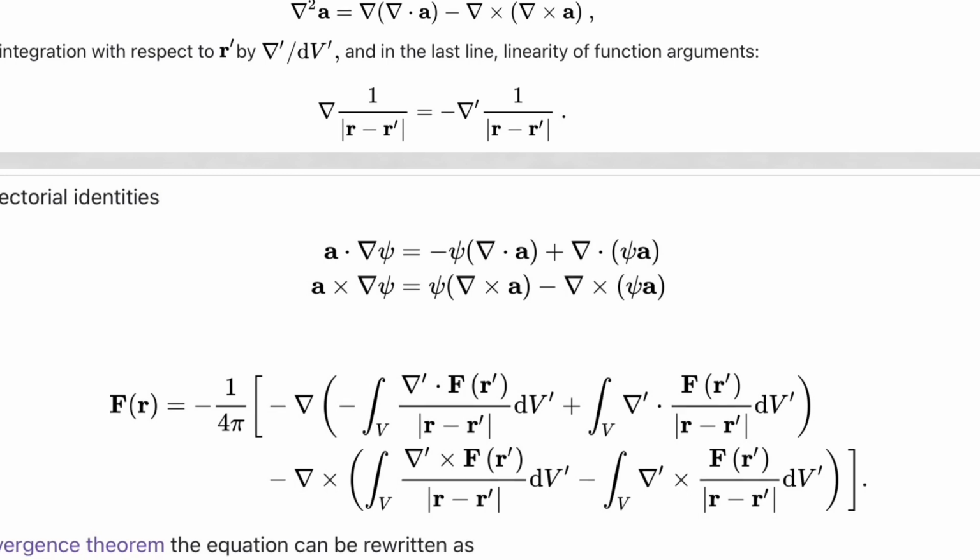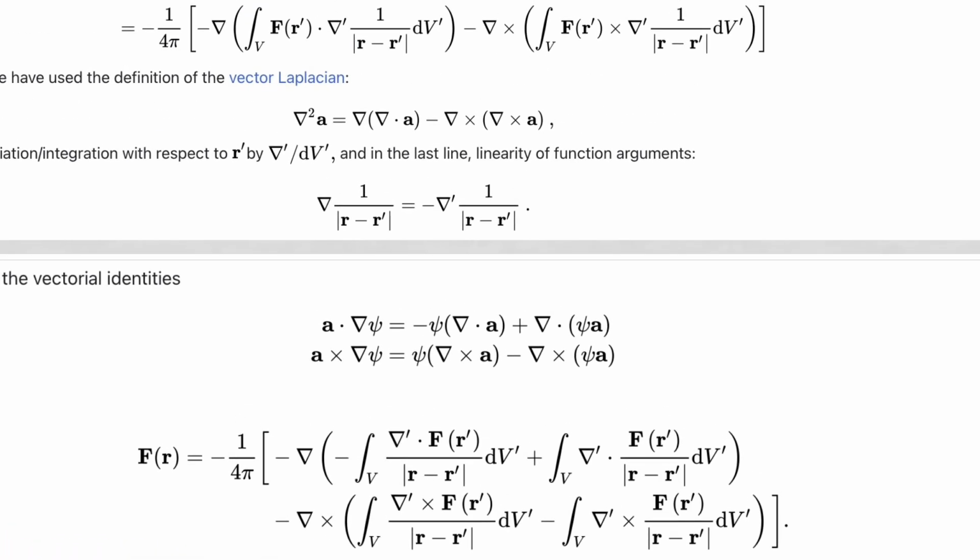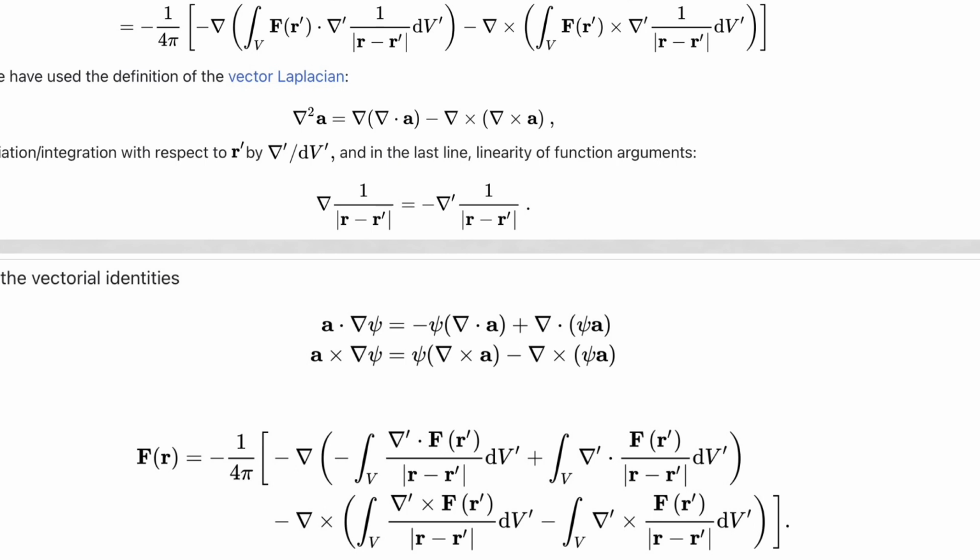Okay, so with those two things in mind, we can now take, what are we going to do? Here we have a vector field dotted into the gradient of a function. So this is our function. So this guy here becomes psi, right?